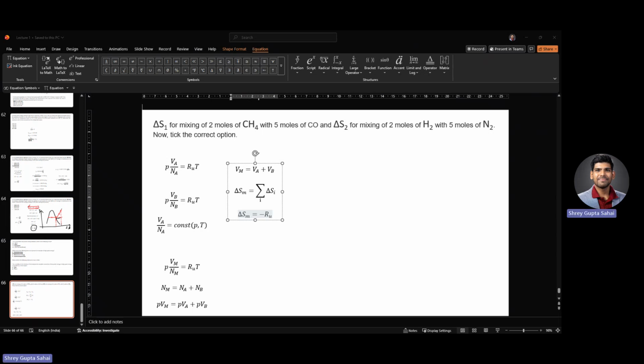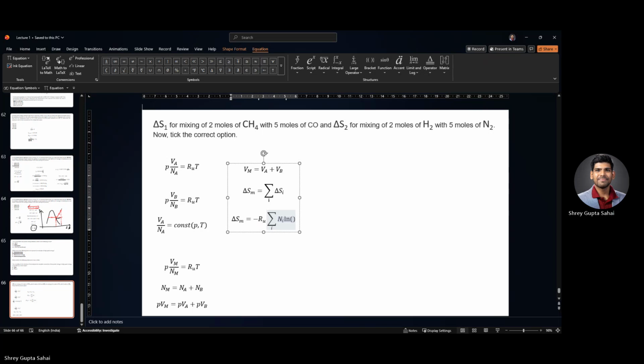It is actually just this, okay? Because RU, as I told you, sum over i, then you just put Ni, where N is your number of moles, into ln of Ni by N of mixture.